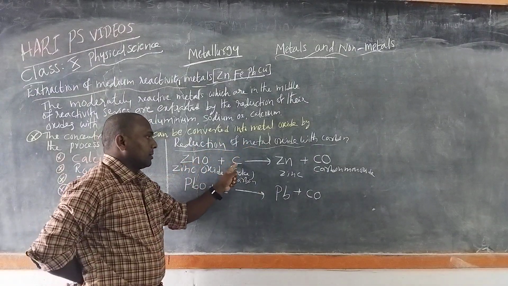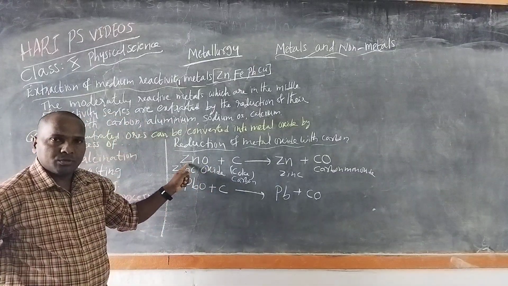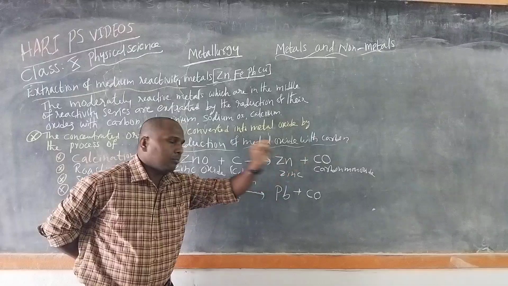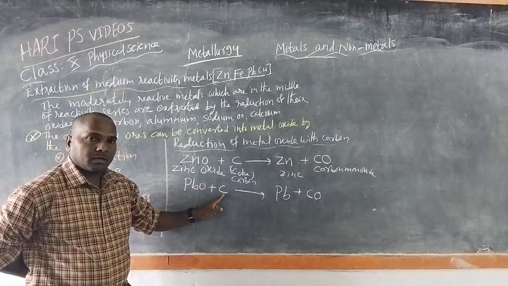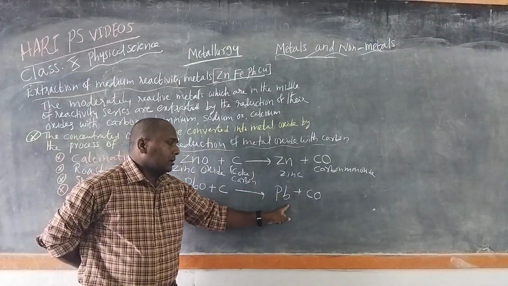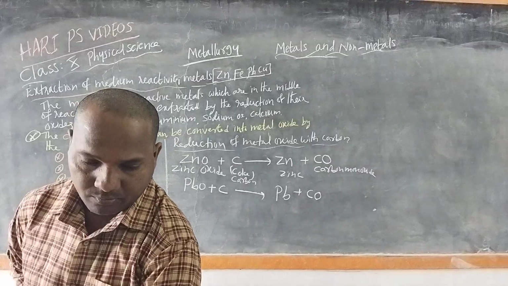Zinc oxide plus carbon gives zinc plus carbon monoxide. Here zinc oxide is reduced by the carbon and forms zinc plus carbon monoxide. Similarly, lead oxide reacts with carbon and is reduced to lead, and carbon monoxide is formed.